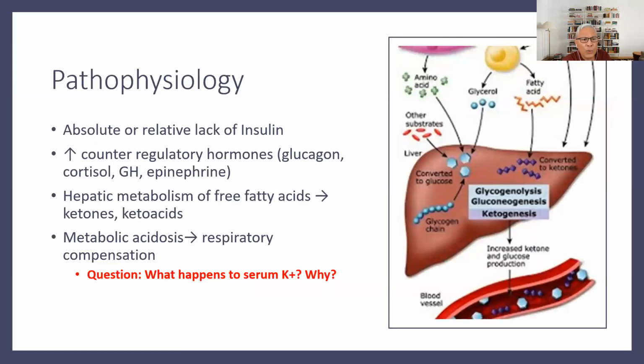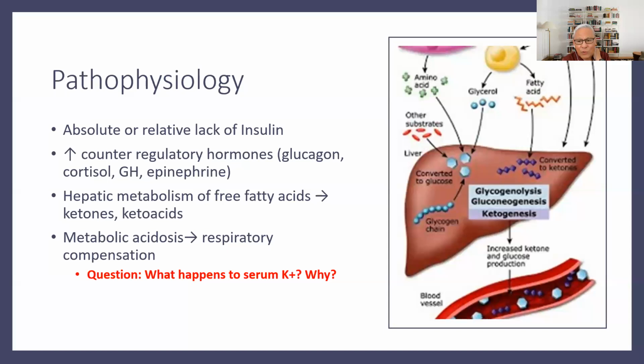Okay, so diabetic ketoacidosis is going to occur as a result of an absolute or relative lack of insulin. And this type of hormonal imbalance is going to enhance the breakdown of glucose in the form of glycogen as well as fat.